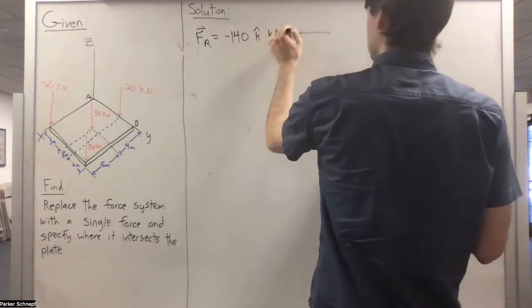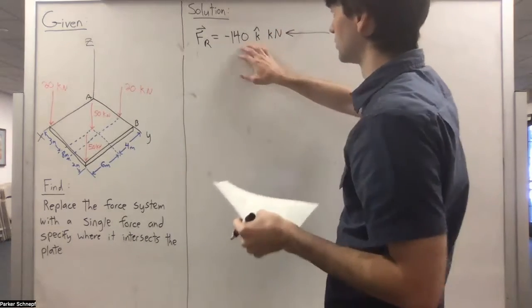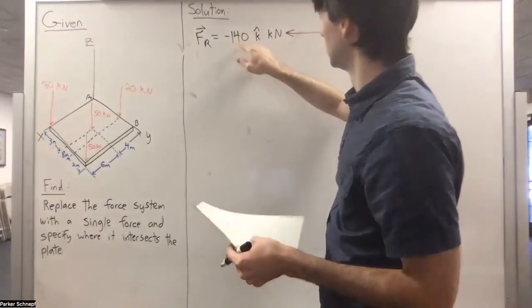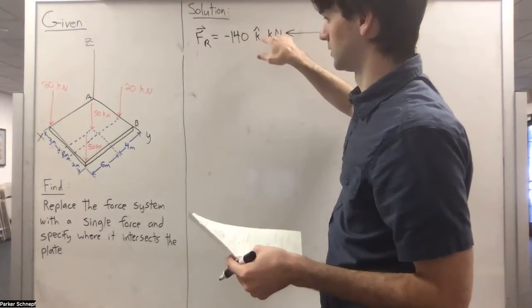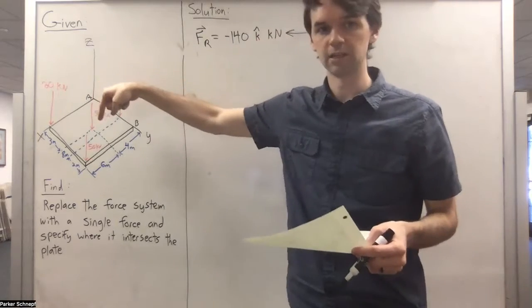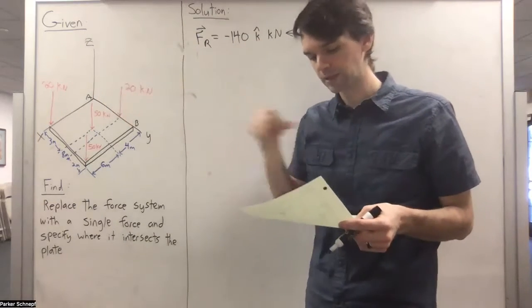That's the magnitude. When we replace all these with a single force, it's going to be negative 140 kilonewtons in the negative z direction. Now the question is just, where does that need to go to cause the same resultant moment?